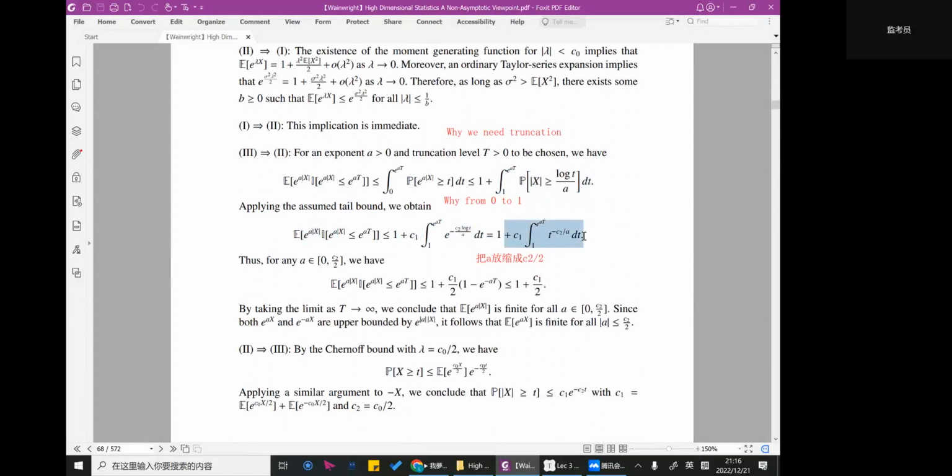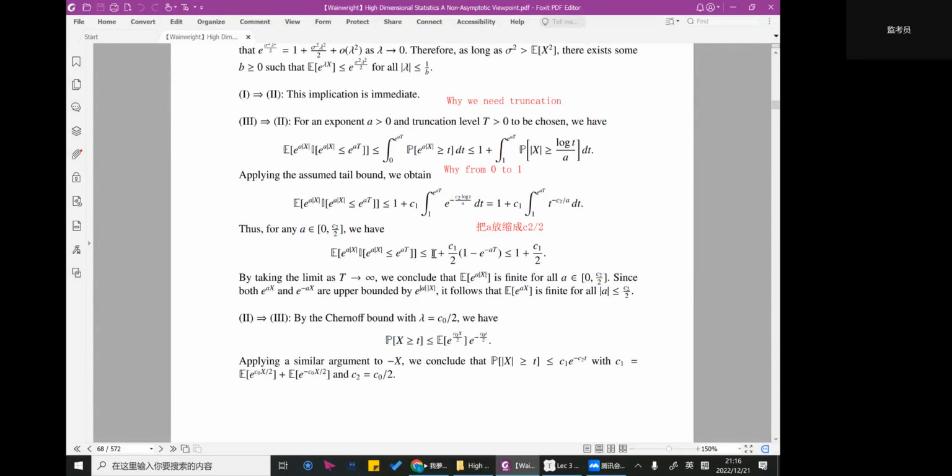So this comes from making a in this range, you transfer a to c2 over 2, and you get this final result.